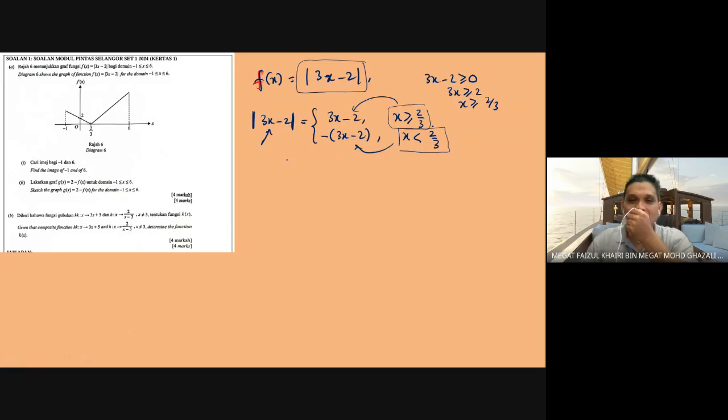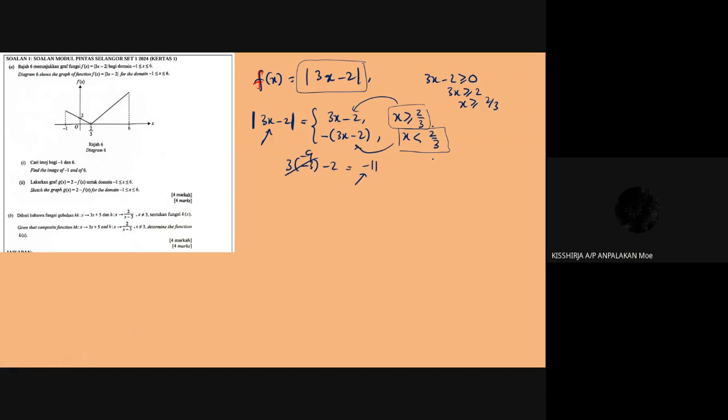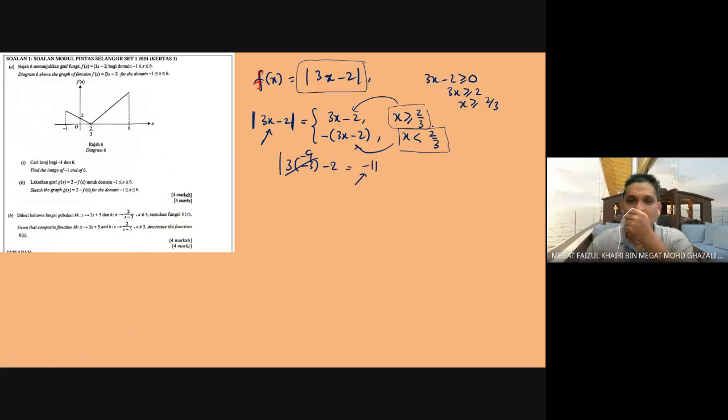for example, if I substitute x with negative 3, 3 times negative 3 equal to negative 9, minus 2 equal to negative 11. Negative value, right? Yes. Okay. So if I put the absolute value sign here, automatically this becomes the positive value of 11.